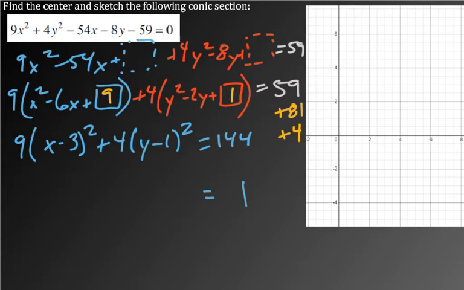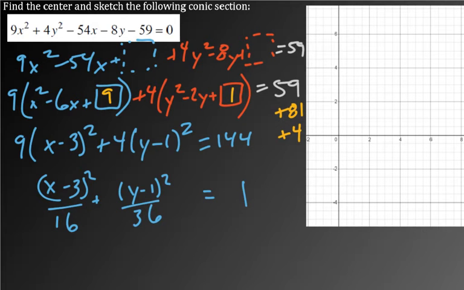So we'll divide by 144. We would have 16 on the bottom here, because 9 times 16 is 144. And likewise, if we divide 144 with the y term, we'll get a 36 on the bottom, because 36 times 4 is 144.